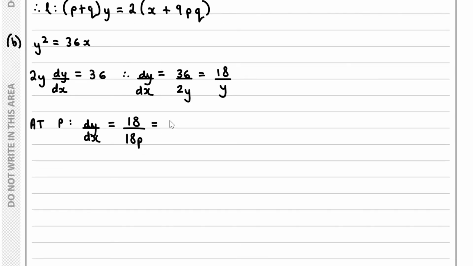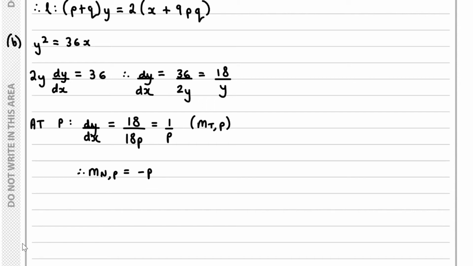So here we get 1 over p, which is the gradient of the tangent. So therefore, the gradient of the normal at P will equal negative p.